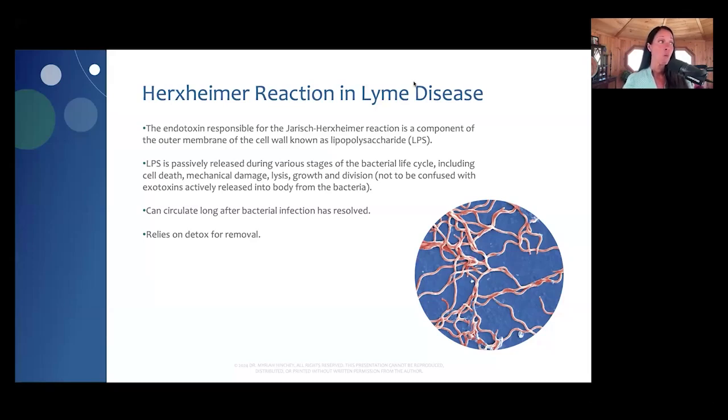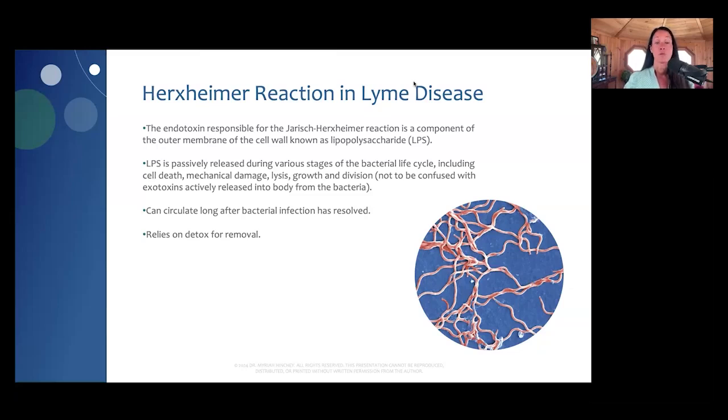So it's kind of like, at what point has the active infection potentially been eliminated or forced into remission, but we still have this ongoing inflammatory cytokine cascade and immune dysregulation resulting from these high levels of ongoing circulating LPS.